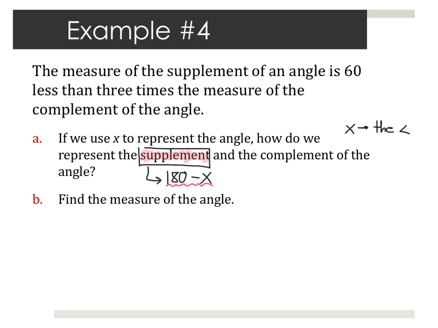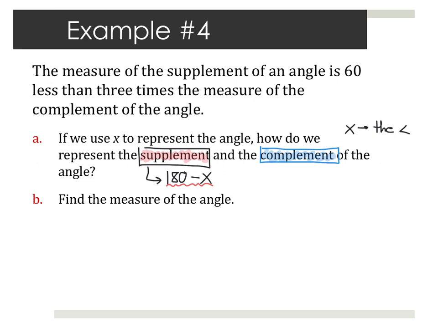Okay? Now let's do the same thing but with the complement. The complement means if two angles are complementary, that's two angles who have a sum of 90 degrees, right? So if the angle is 10, the complement's 80. If the angle is 50, the complement is 40, and so on.